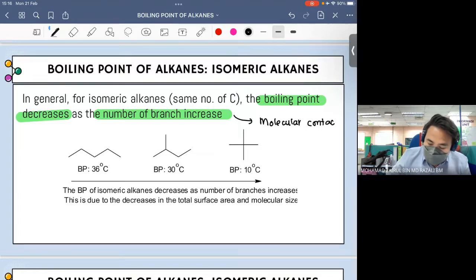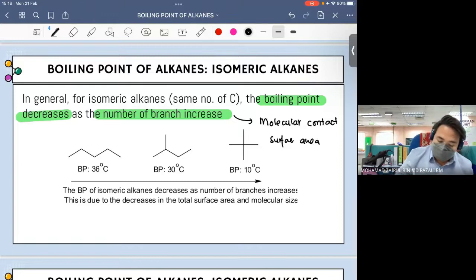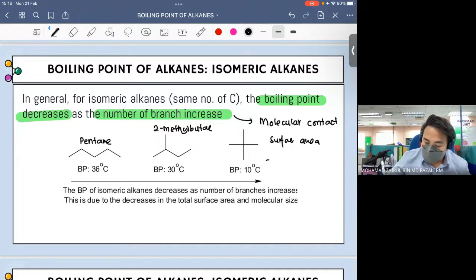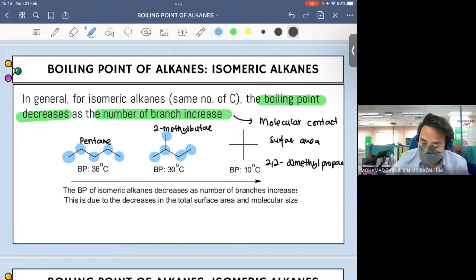So if we look here, we have pentane, 2-methylbutane, and 2,2-dimethylpropane. If you look at the number of carbon, pentane has 5 carbon, 2-methylbutane also has 5 carbon, 2,2-dimethylpropane also has 5 carbon.